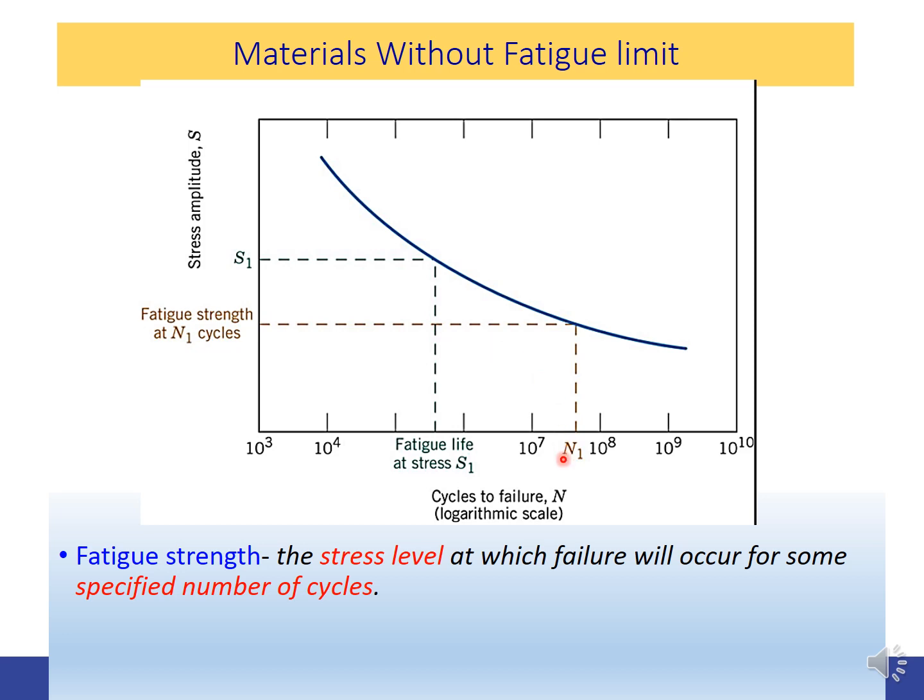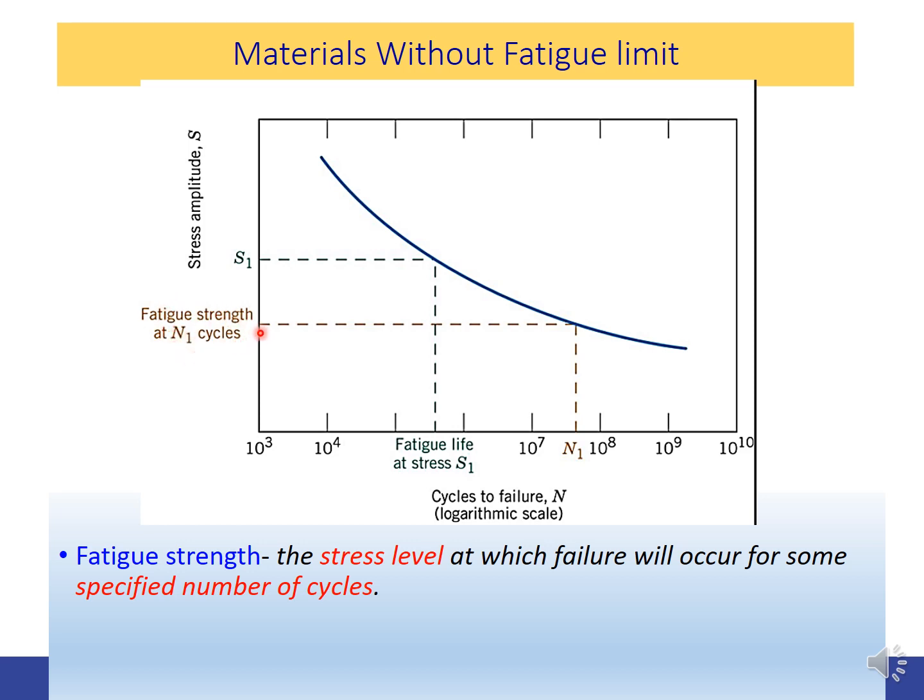So this is used when we design a component and we want this component to last for a certain number of cycles, for example, N1. Based on this number of cycles, we read off the plot, and the corresponding stress amplitude is the fatigue strength of the material at N1 cycles.